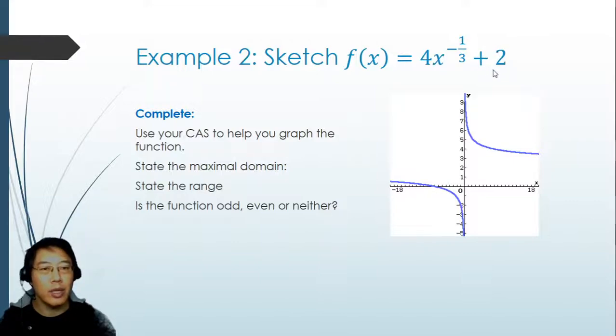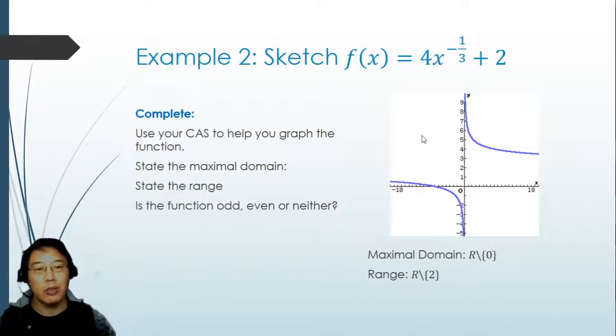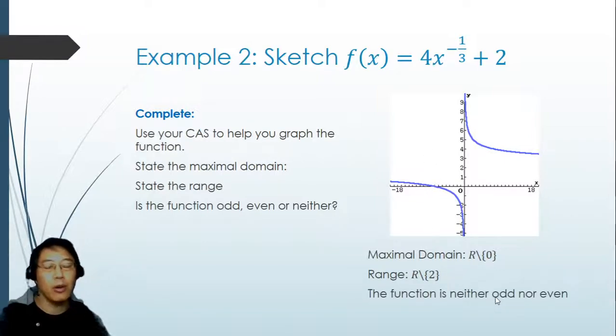Looking at the rule, it tells you that the horizontal asymptote is y equals 2, so we can get the domain and range. Now you don't have any symmetry from the y-axis or towards the x-axis due to the vertical translation, so the function is neither odd nor even.